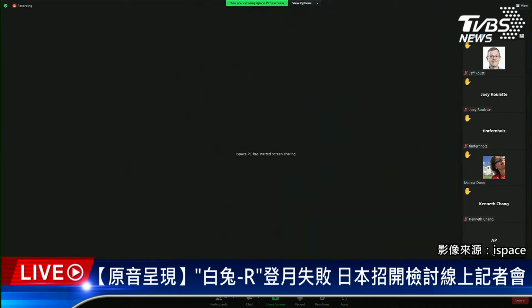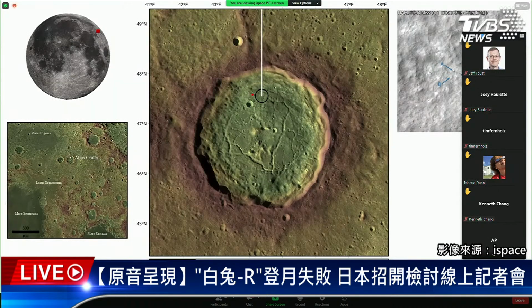In this picture, the black circle in the center is our target landing area. The center is our specific target site, but in reality, the most probable hard landing point is a bit outside our landing area. You can roughly estimate how far the actual hard landing site was from our target.